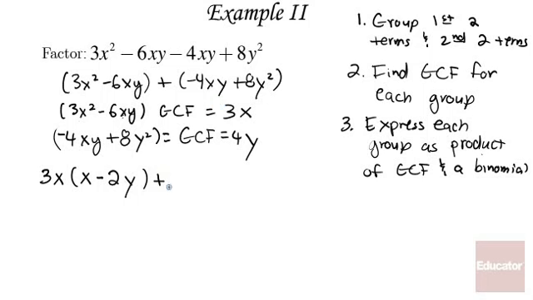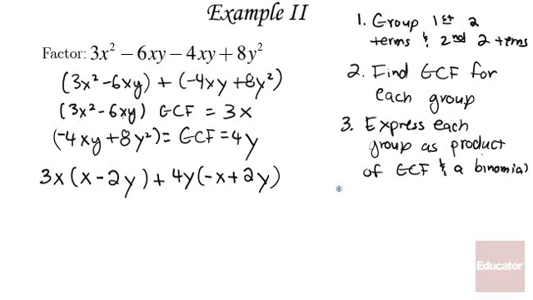Okay, for this second binomial, I've factored out 4y. What I'm going to have left behind is simply negative x. For my second term, I'm going to have a 2 left behind and y.